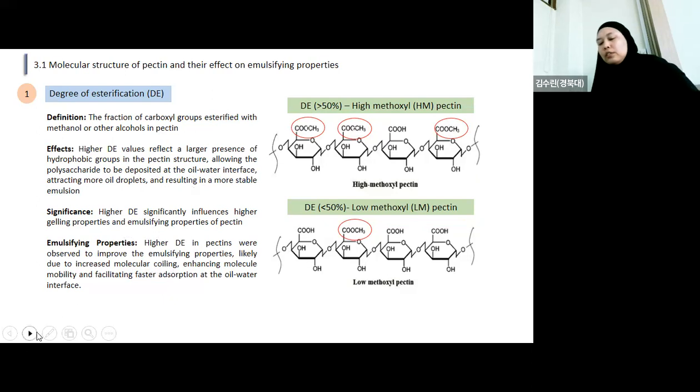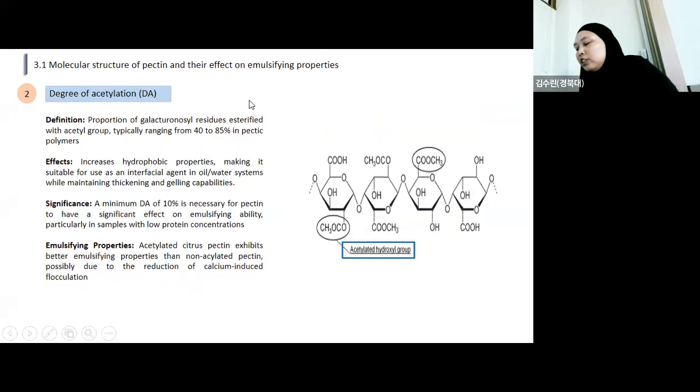And then the second one is degree of acetylation. Degree of acetylation is defined as the proportion of galacturonyl residues esterified with acetyl groups. Normally pectin has DA ranging from 40 to 85 in pectic polymer. So here is the acetyl group binding into the pectin structure.